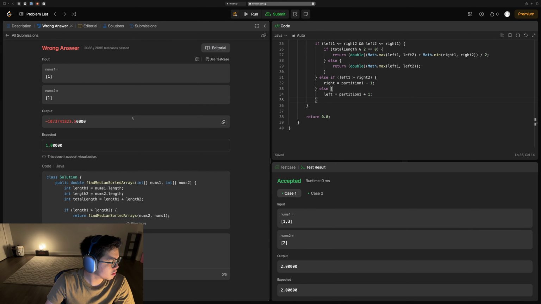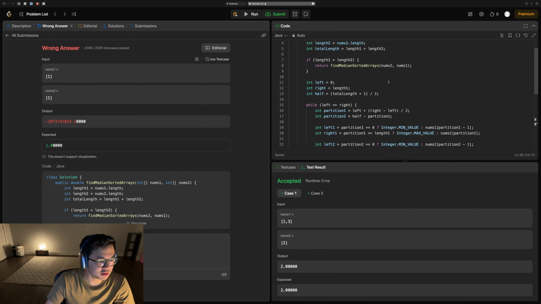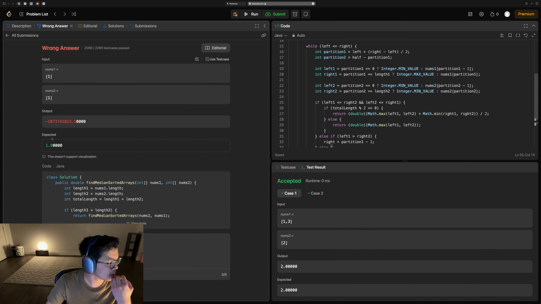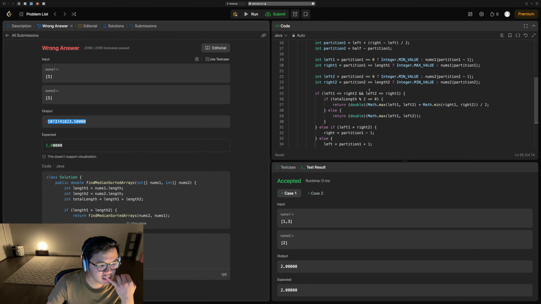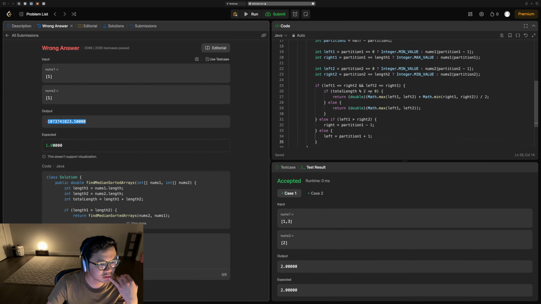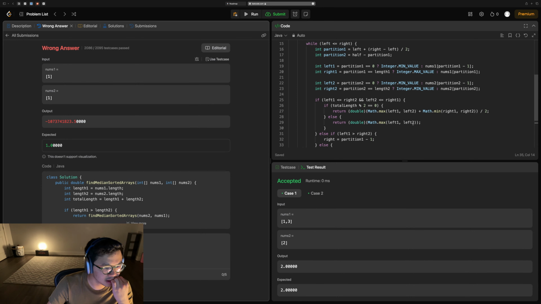What is this, rounding error? That looks like a min val. Why are we returning? I'm doing something wrong.